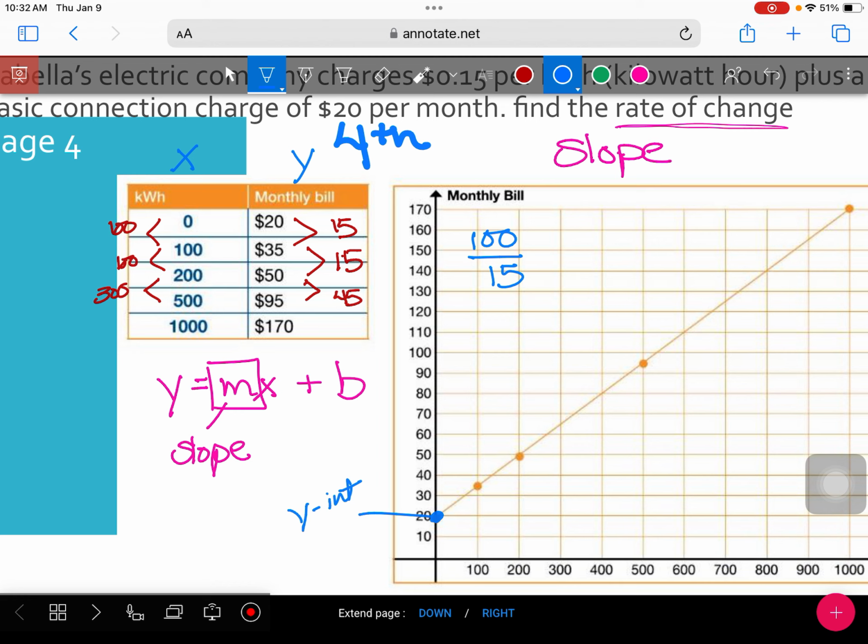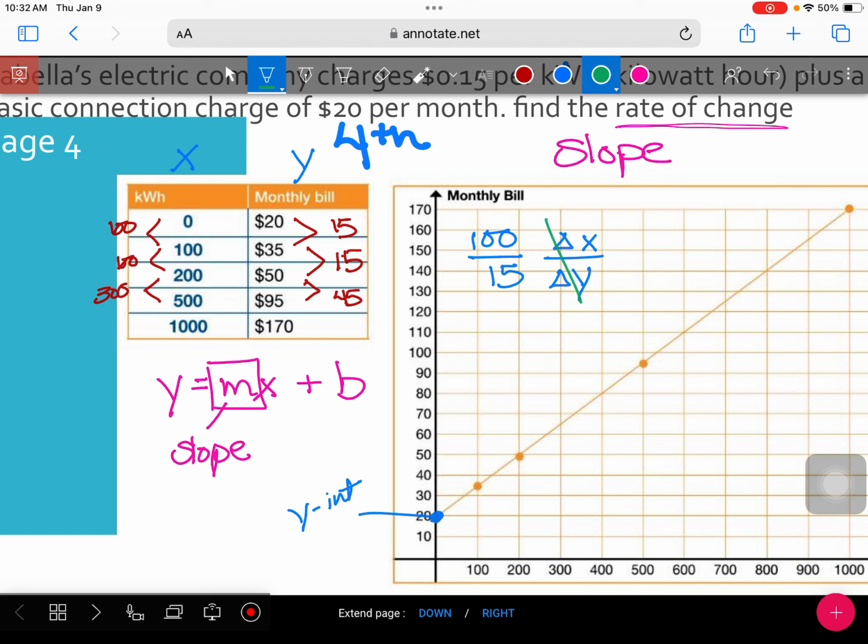What do you guys think? I agree. So this is the change in x divided by the change in y. Is that right?